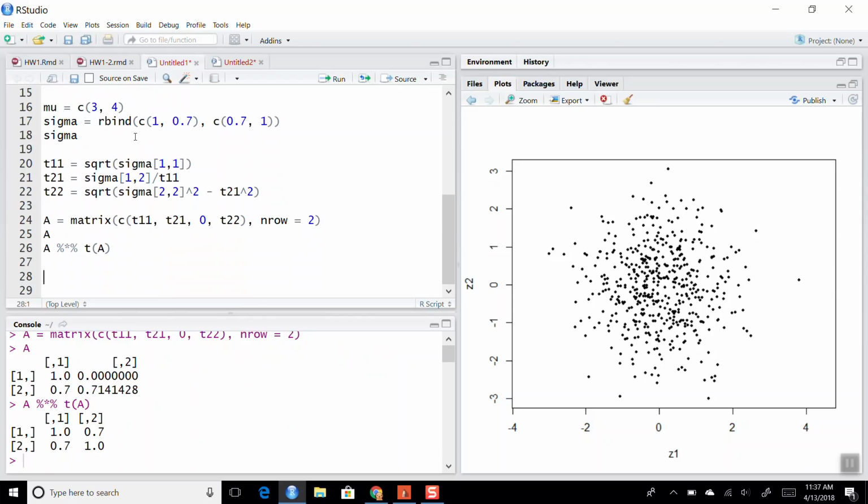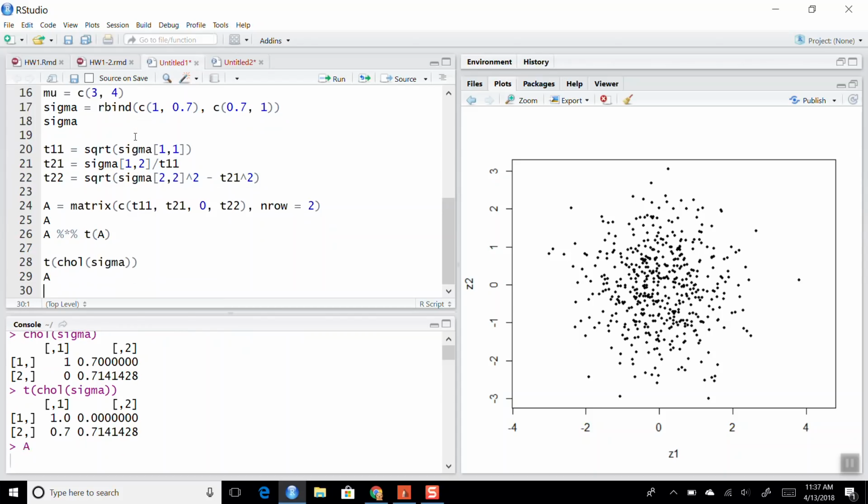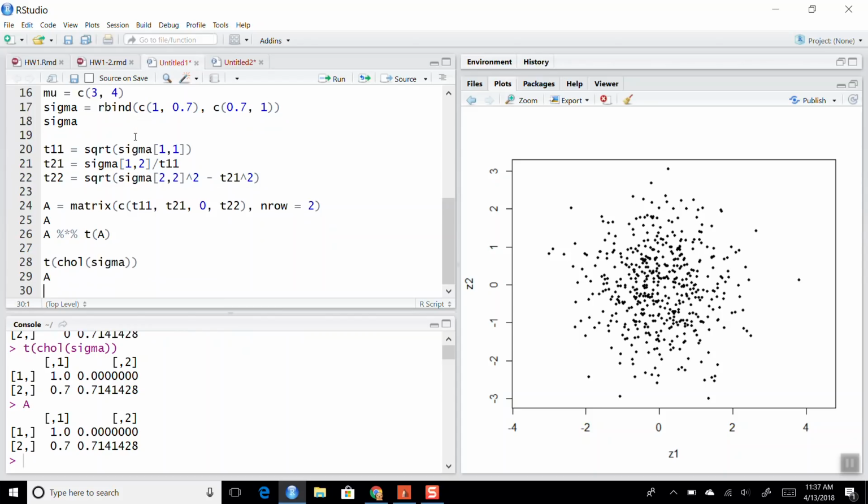Okay, we can also shortcut this by doing, not Cholesky A, Cholesky Sigma. There's a function called chol for Cholesky decomposition. It gives you the upper triangular matrix instead of the lower triangular matrix, so we just transpose that. And then, if we ask how this compares to A, we see it's exactly the same.